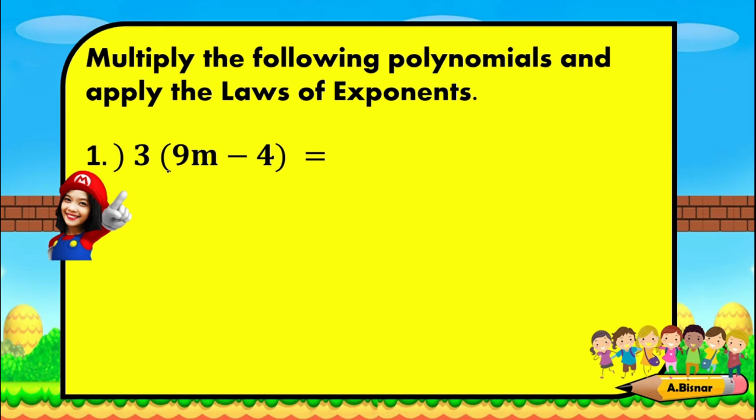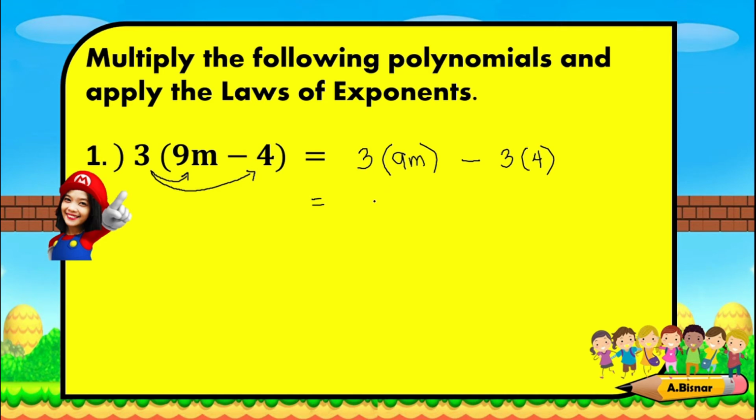So, in here, you have to multiply it to the first term. So, you have 3 times 9m minus, you're going to multiply this to the second term. So, you have 3 times 4.